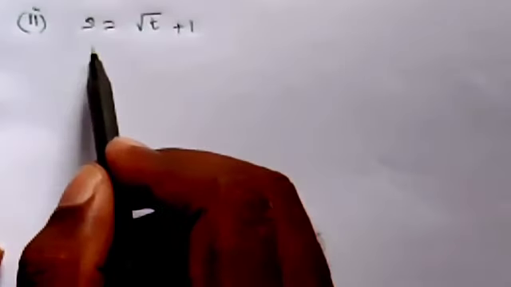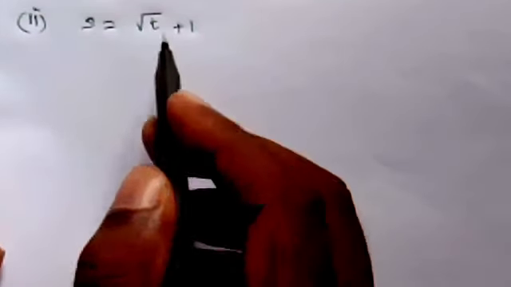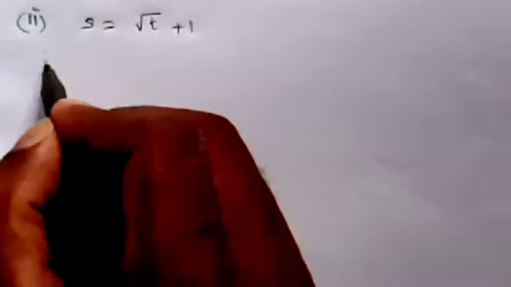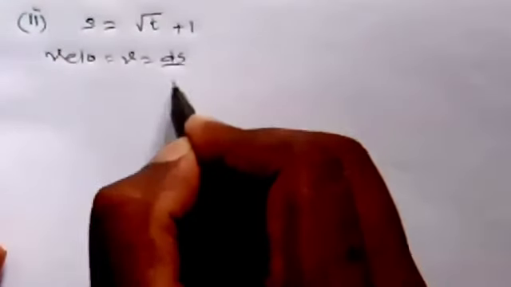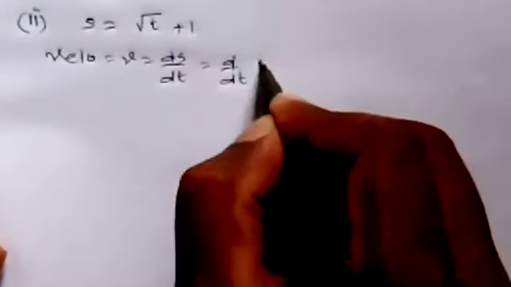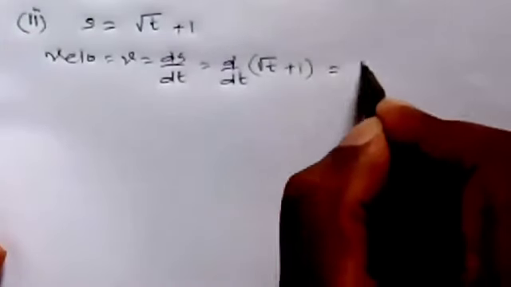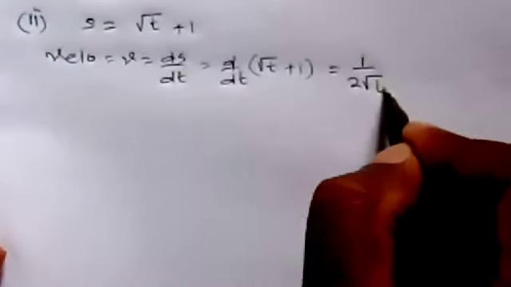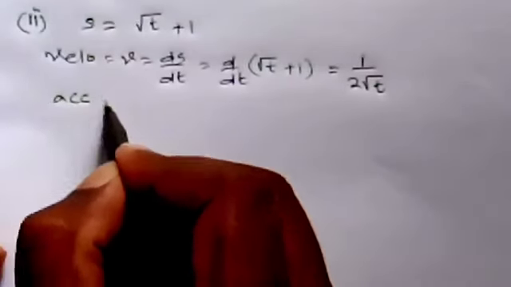Another question, the displacement is given by the relation s is equal to root t plus 1, and now the velocity is v is equal to ds by dt, and this is the derivative of s, which is root t plus 1, and this, as you know, derivative of root t is 1 by 2 root t and derivative of 1 is 0. And next is acceleration.